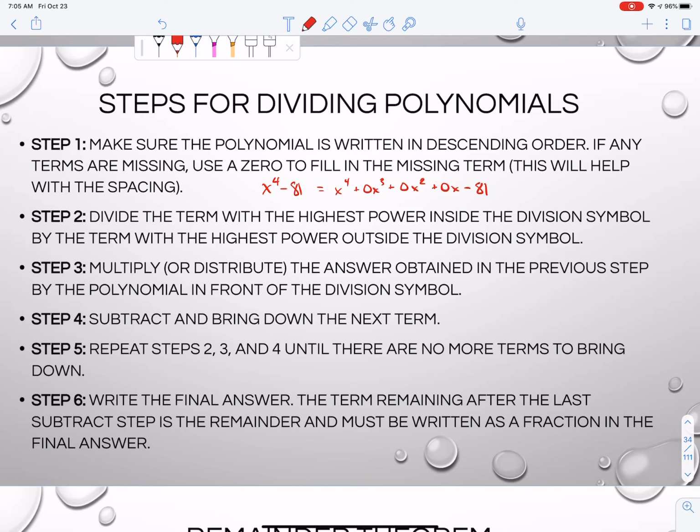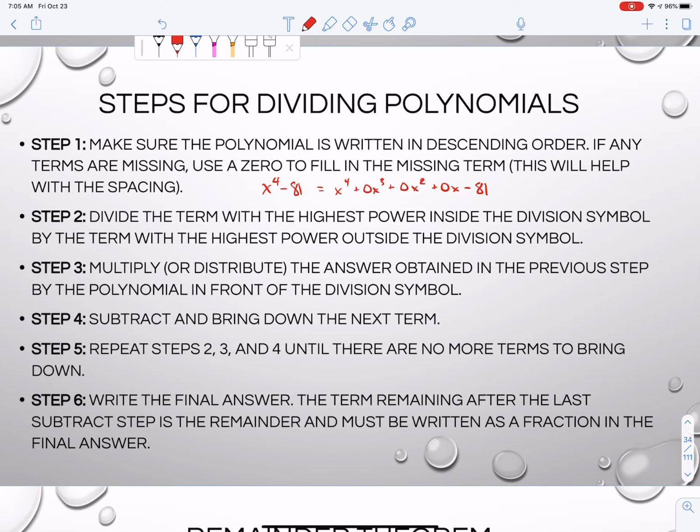Okay, I'm going to divide the term with the highest power inside of the division symbol by the leading term of the term with the highest power outside of my division symbol. Whatever I get as a result, I'm going to write above the term I just divided. I'm going to multiply that value that I just got, and I'm going to distribute times the polynomial in front of the division symbol.